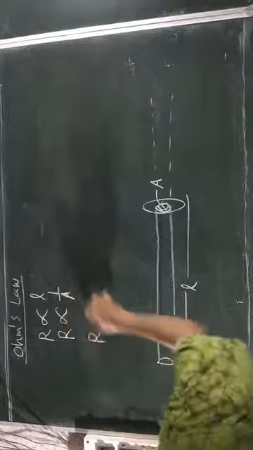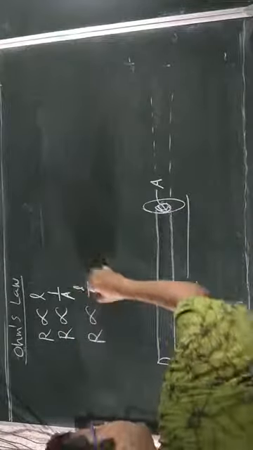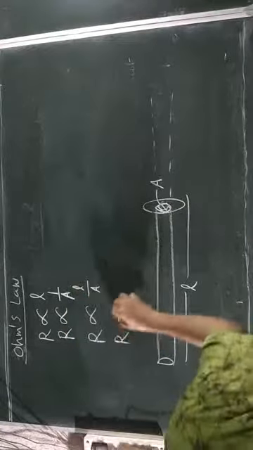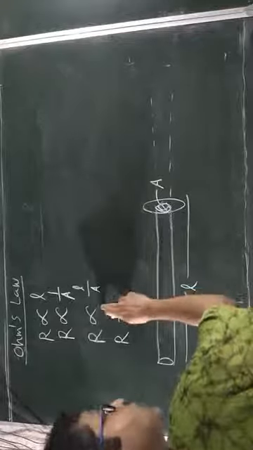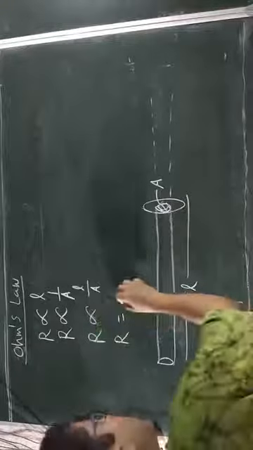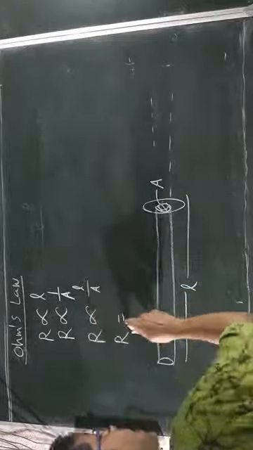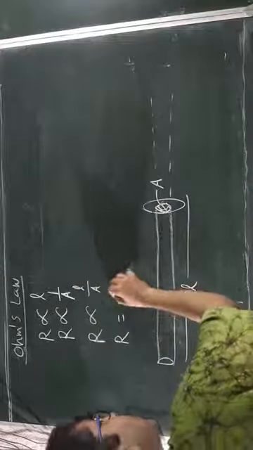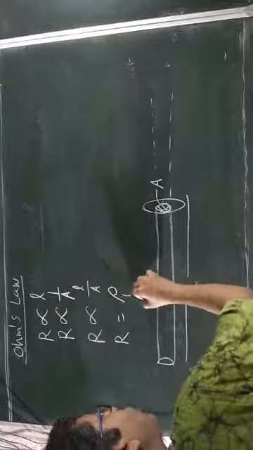Combining these two, R is equal to some constant should come here, because the proportional sign is replaced by an equal sign. That constant is called rho.